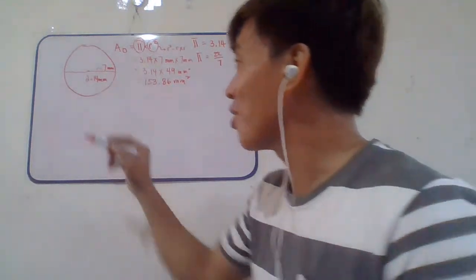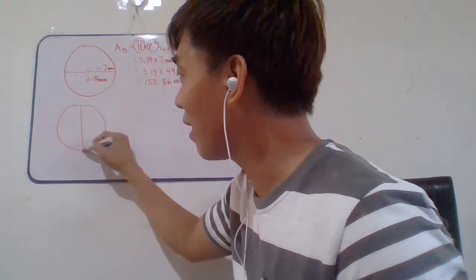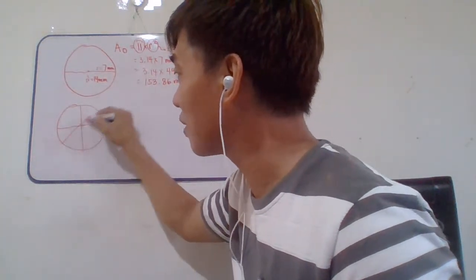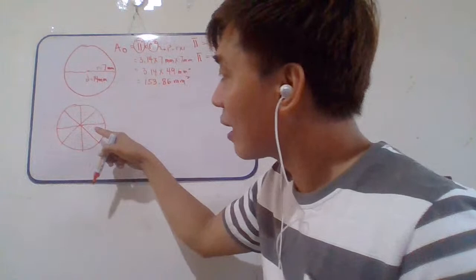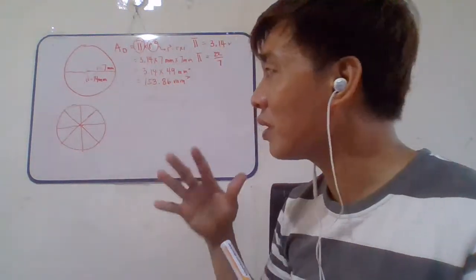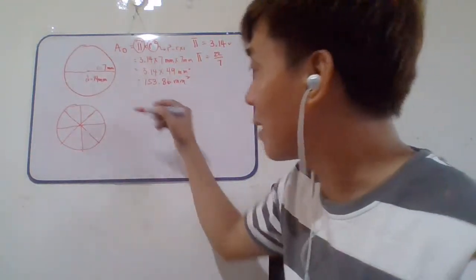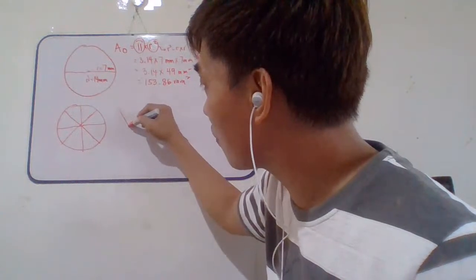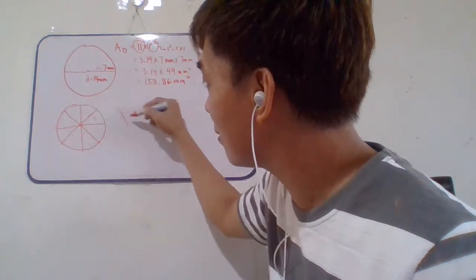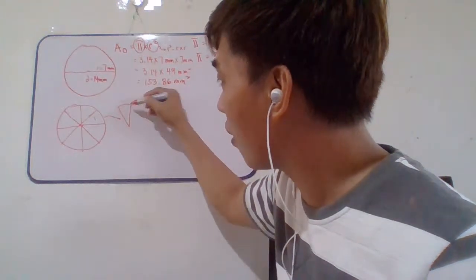If we do have here a circle, and that circle is divided into parts, it would be better if you divide it into smaller sectors, para makita mo ang difference. So for example, the portion here, butang siya dira. That's one of the sectors.